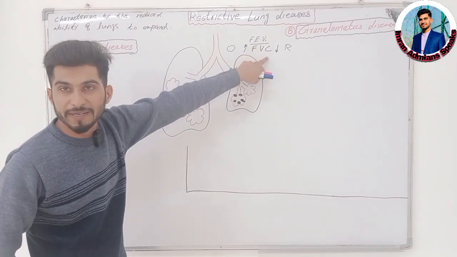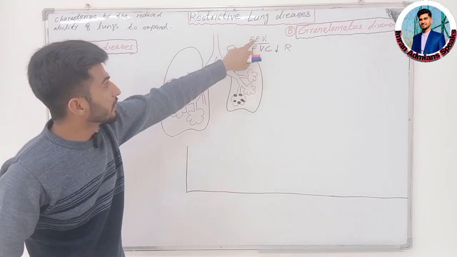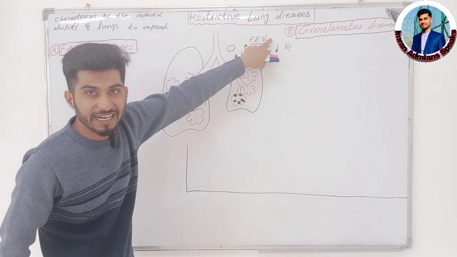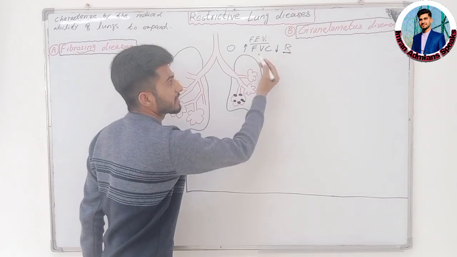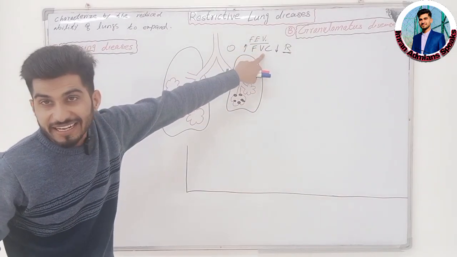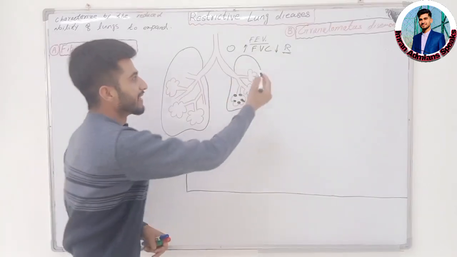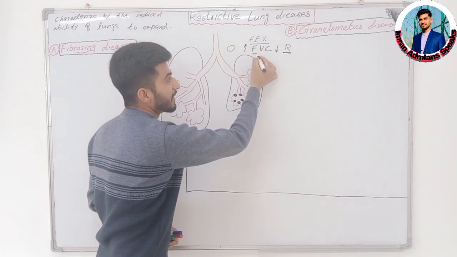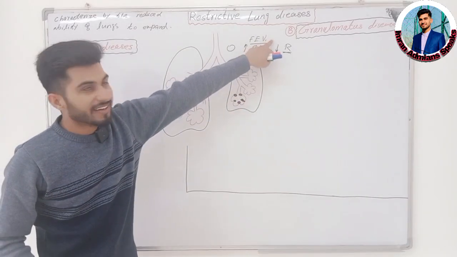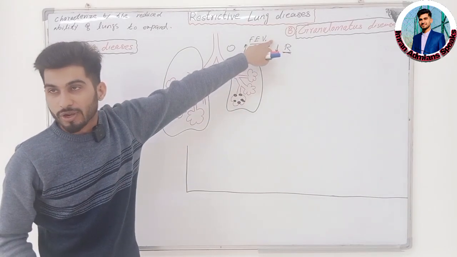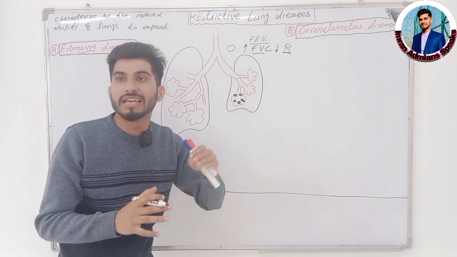So during spirometry, the pulmonary function test, the ratio between the forced expiratory volume in 1 second and the forced vital capacity during restrictive lung diseases, does this ratio decrease or increase? Here the denominator decreases and the numerator also decreases, but comparatively less.